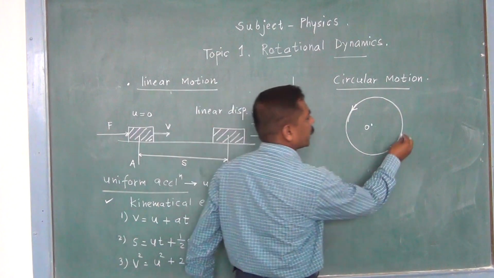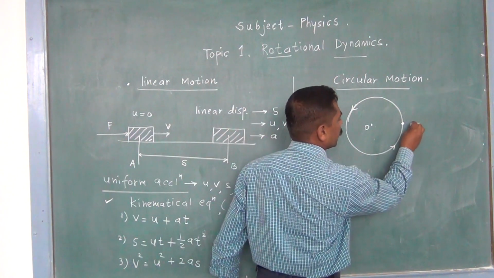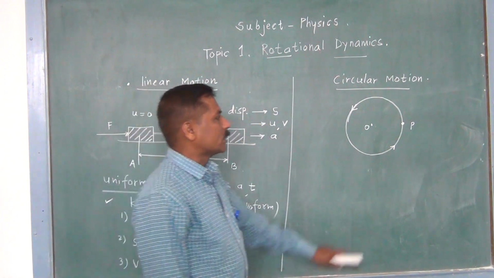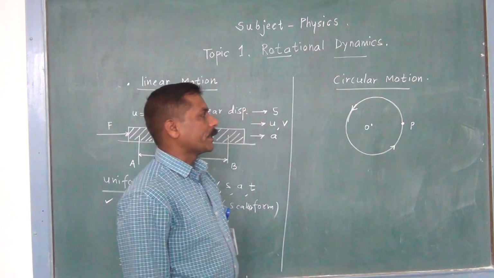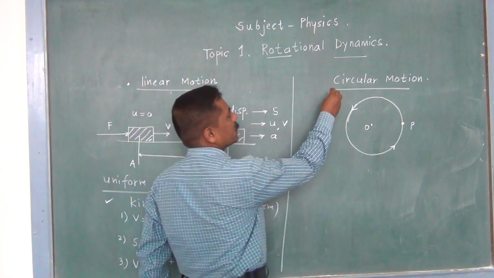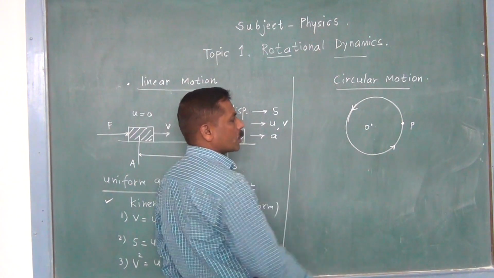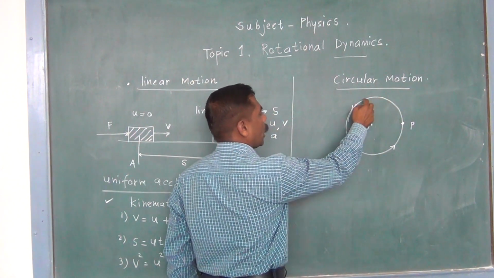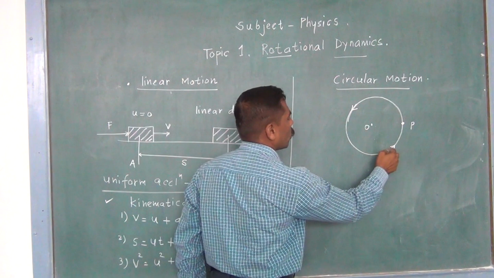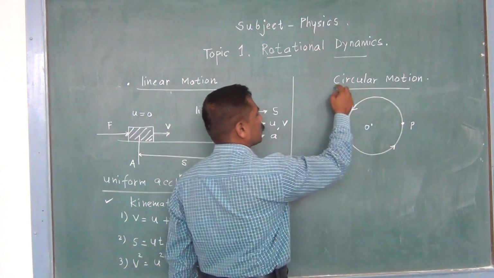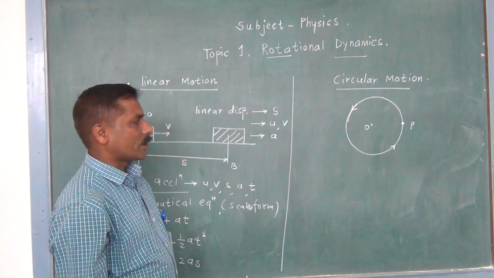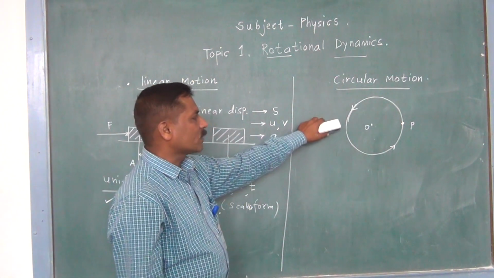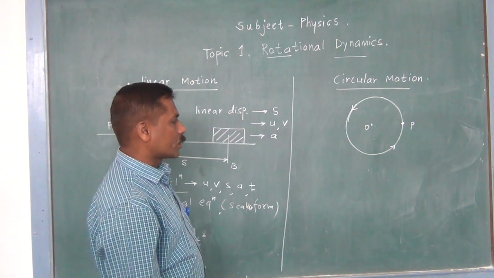Suppose this is the single particle, say P. Now how can we define circular motion? The motion in which the particle is moving along the circumference of a circle is called the circular motion. This diagram represents the particle moving along anti-clockwise direction.